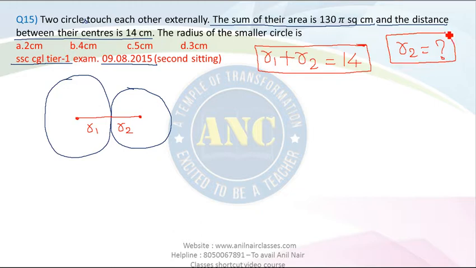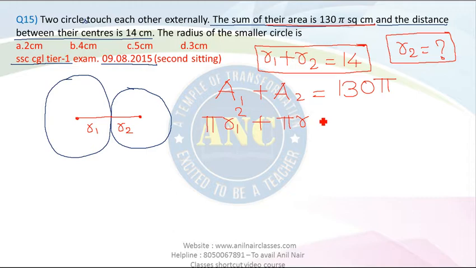Now what else is given? The sum of their areas is 130 pi. That means the area of the first circle plus the area of the second circle is 130 pi. The area of the first circle is pi r1 square, the area of the second circle is pi r2 square, and this equals 130 pi.